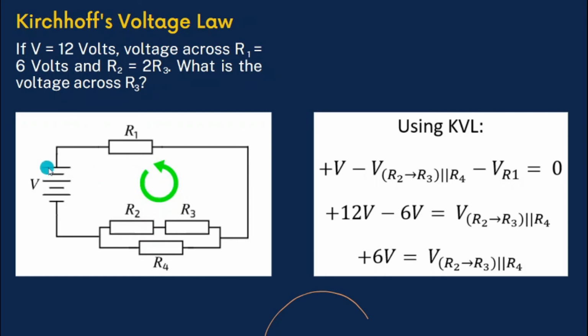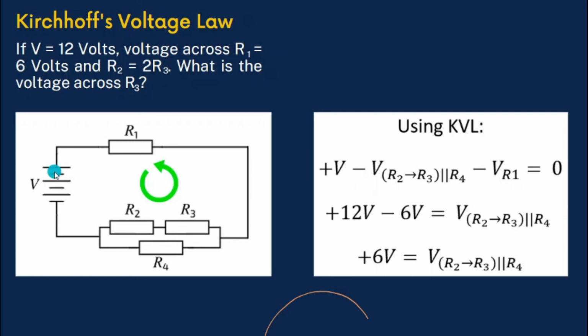So we tackle this part over here first. Positive V, this one. And we all know the resistances. Let's combine first: R2 in series with R3, then in parallel with R4. So this is just one voltage.